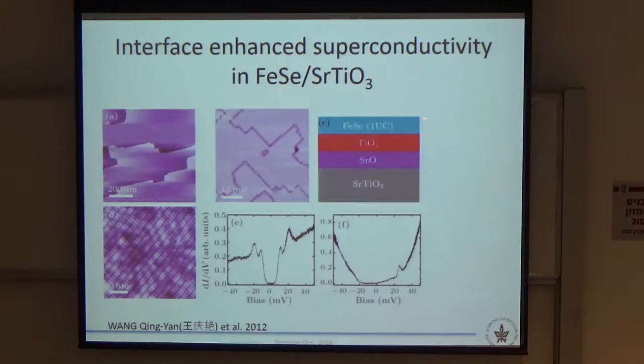Usually iron selenide is superconducting with a critical temperature of 5 K. But here, for some reason, inherent properties of this strontium titanate, some say polarizability, some say electron-phonon coupling, and let's not argue about that, the fact is that Tc increases by an order of magnitude when this single layer is deposited on strontium titanate.